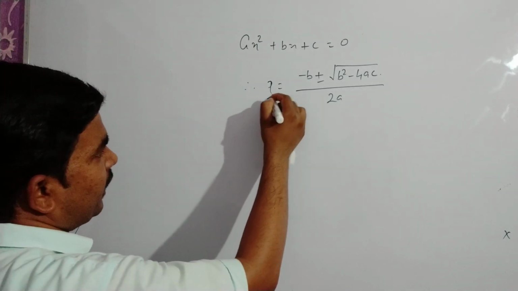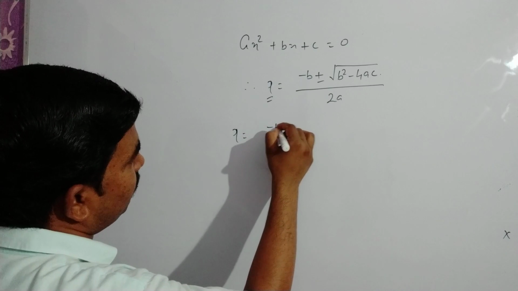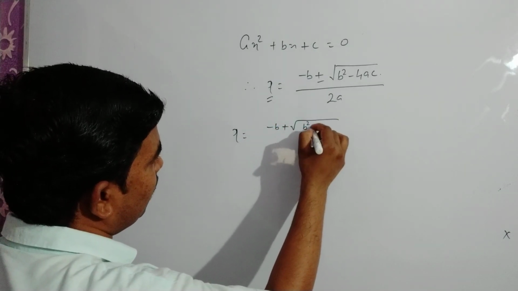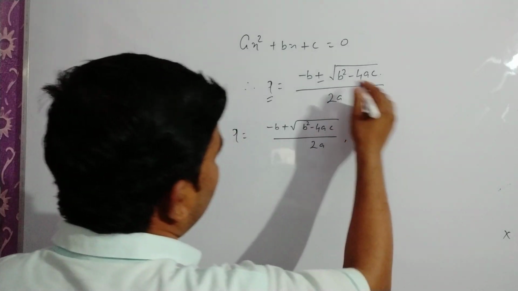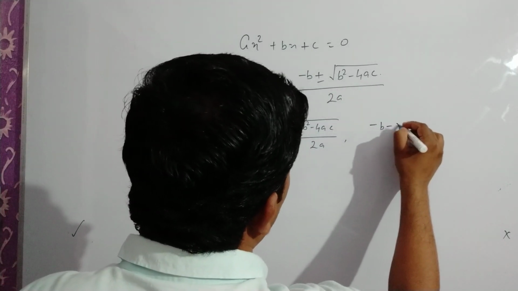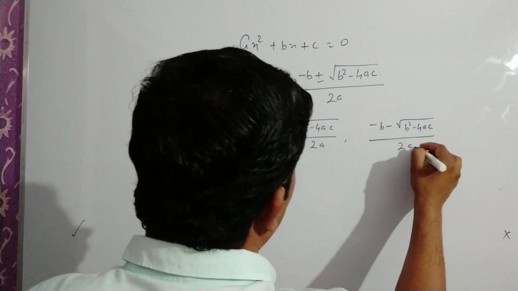So x has two values: one is minus b plus under root b square minus 4ac upon 2a, and the other root is minus b minus under root b square minus 4ac upon 2a.